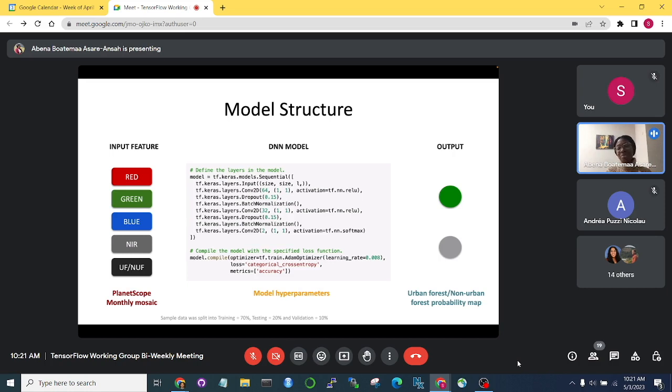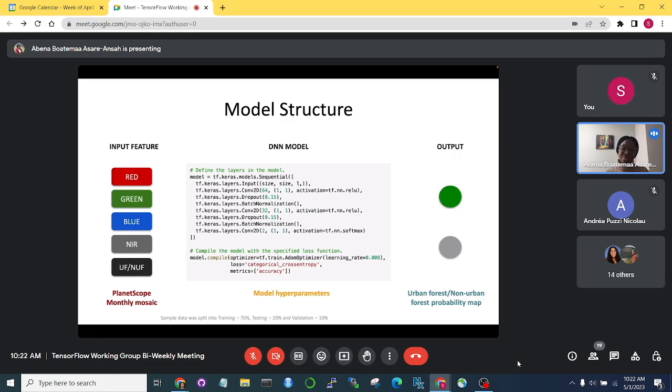So I had this going into this model, which is a simple DNN model, with a ReLU activation function and then a softmax. And then also the Adam optimizer. So all these things I'm mentioning are the model hyperparameters that must be tuned or fine-tuned so that you can get a good output. And so the final output shows an urban or non-urban forest probability map.